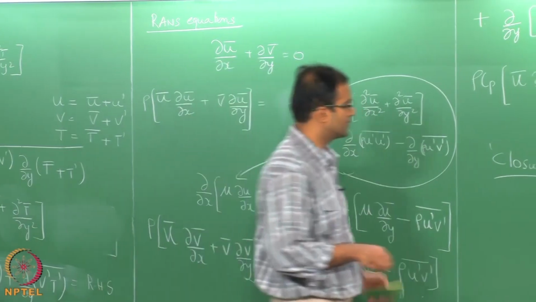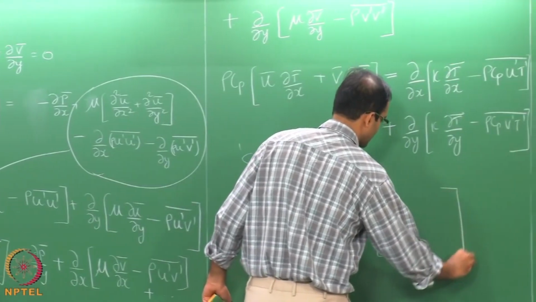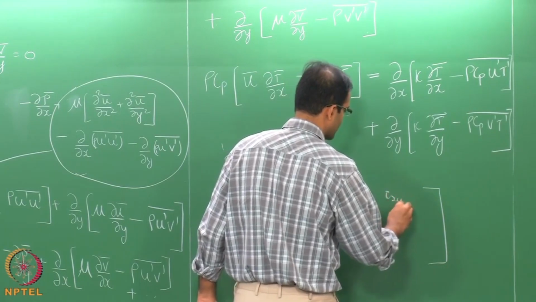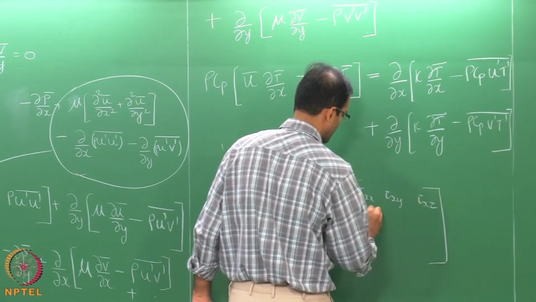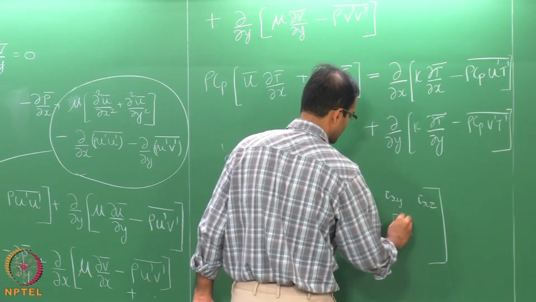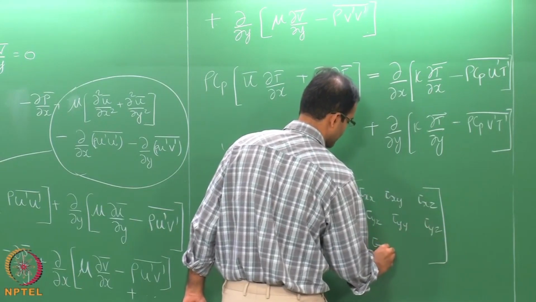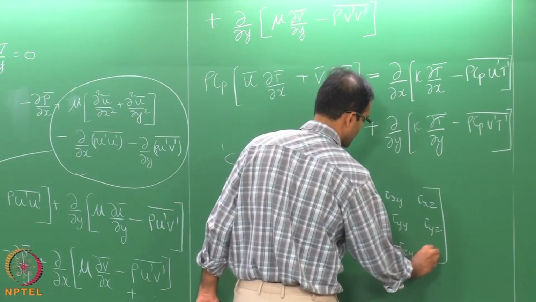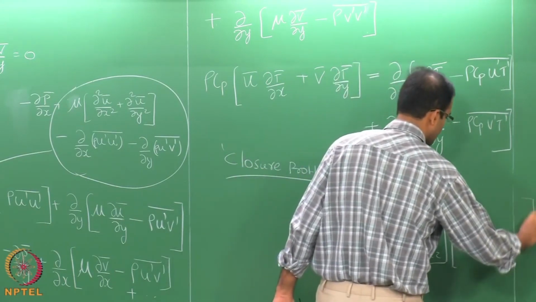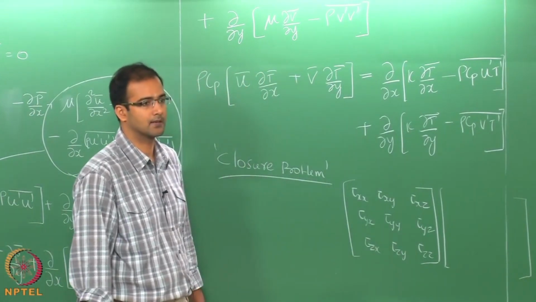Now you have your molecular diffusion, which gives all these tau xx, tau xy, tau xz, and so on: tau yx, tau yy, tau yz, tau zx, tau zy, tau zz. Apart from that, you now have a set of 9 stresses coming from the turbulent inertial terms.